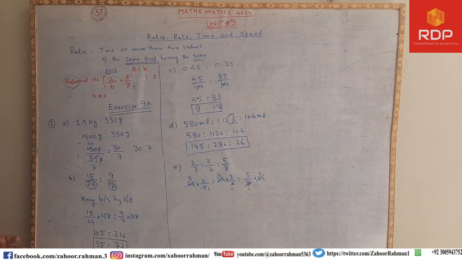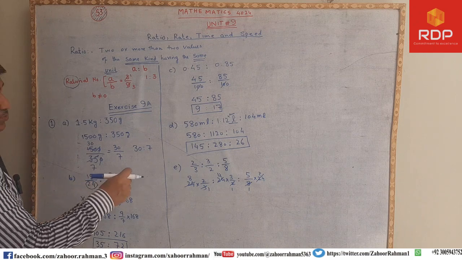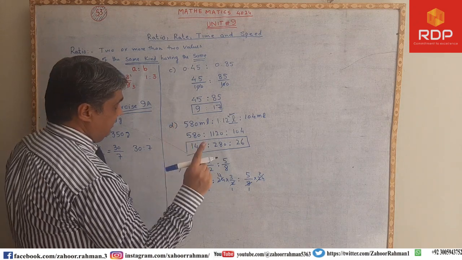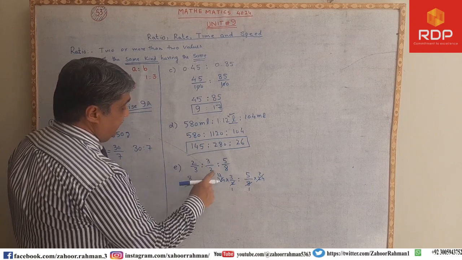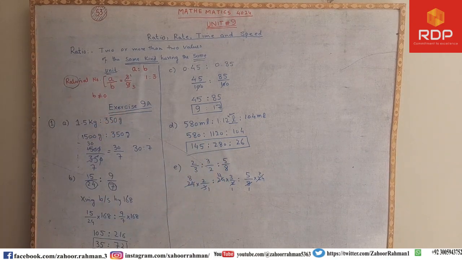We have to make the denominator the same by multiplying all these quantities with one number. And I told you that you have to find the LCM, and the LCM is 24.